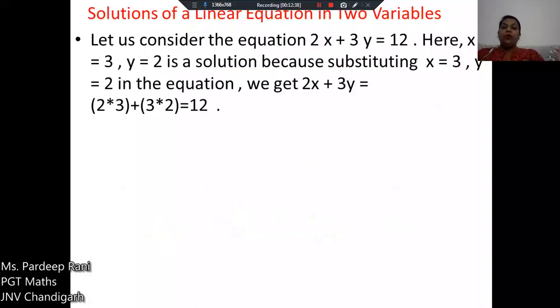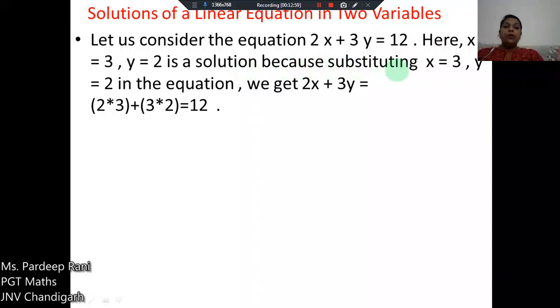Now we are going to find the solutions of a linear equation in two variables. Let us consider the equation 2x plus 3y equal to 12. Here x equal to 3 and y equal to 2 is a solution of this equation. Why?